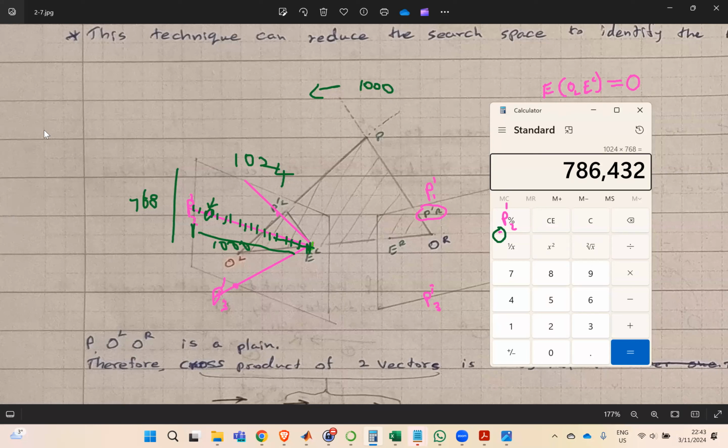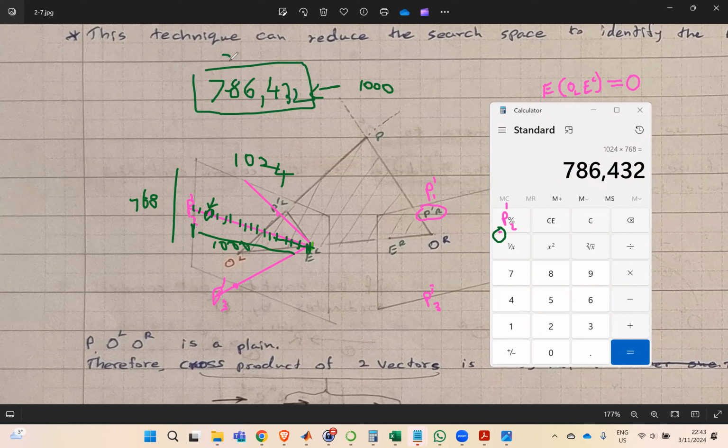You can see it's a big number: 786,432. This many pixels you need to search in 2D space. But the epipolar line is a 1D space, so you can cut down to search only 1024.